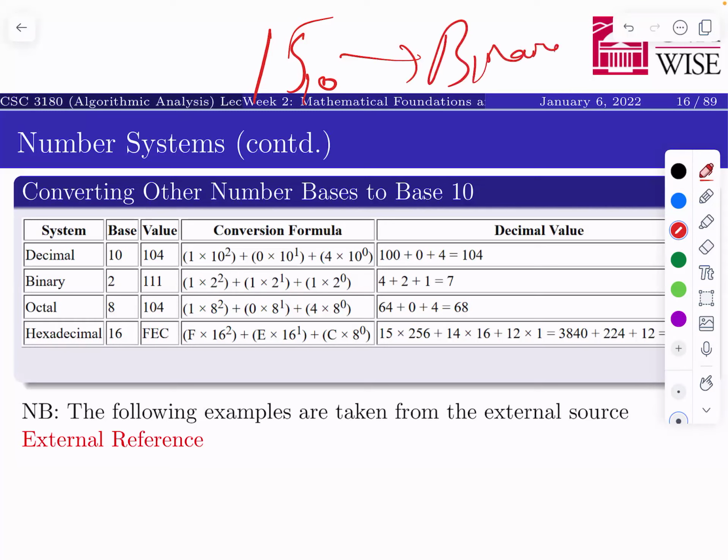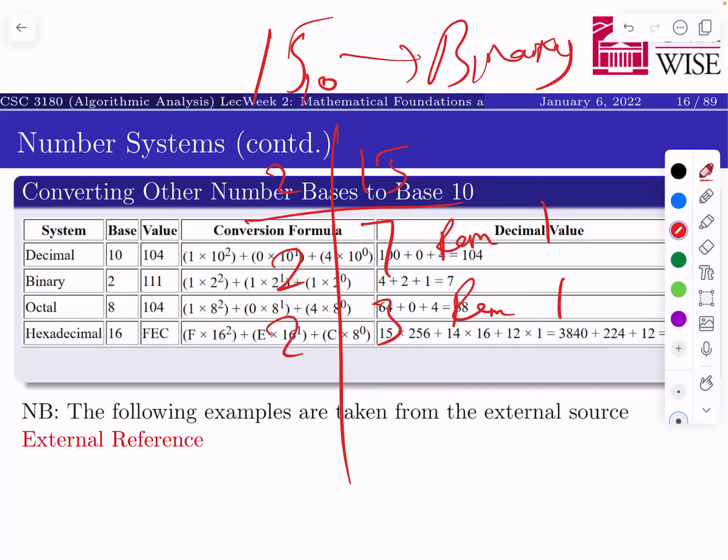You have to repeatedly divide by 2 because we are going to binary. 15 divided by 2 is 7, remainder 1. 7 divided by 2 is 3, remainder 1. 3 divided by 2 is 1, remainder 1. 1 divided by 2 is 0, remainder 1.